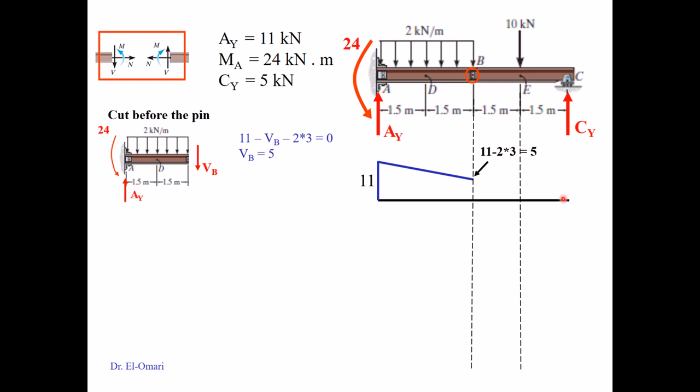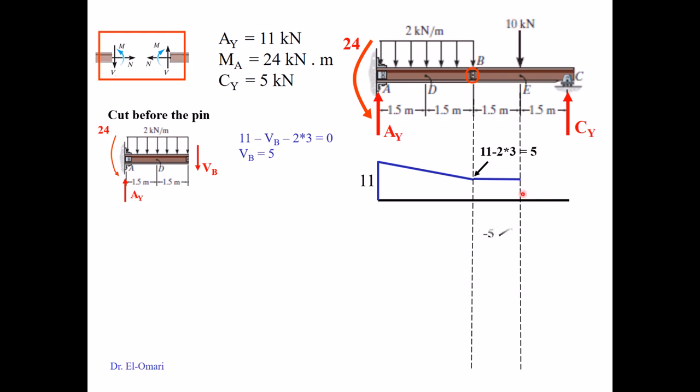So if you continue from there, at this point I know that this is a 0, then I can simply continue with constant, and then I know there will be a drop from positive 5 with a magnitude of 10.